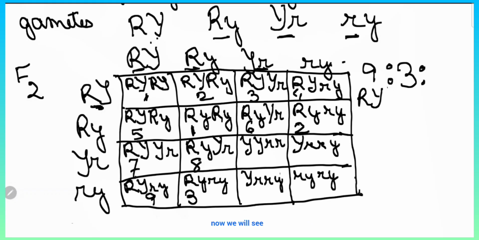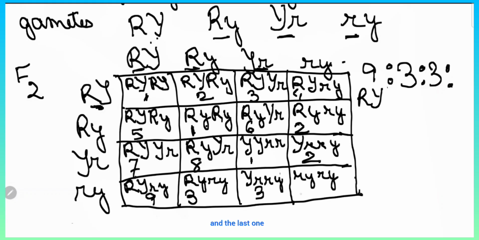Now we will see where the color is dominant but the shape is recessive. Let us see. Here you see the color is dominant, so it is 1. Here also the color is dominant, 2, and here also the color is dominant, 3. So it is again 3. So the color is dominant, yellow dominant, and the recessive is the shape, that is the wrinkled.